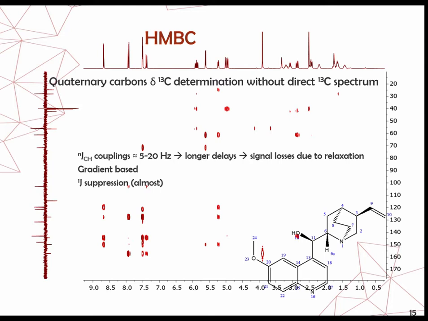In an HMBC, we have something in the pulse program that should suppress intense 1J coupling, but in some cases, on very intense peaks, we still see them. So here on some intense singlets, you could see residual 1J coupling like this.